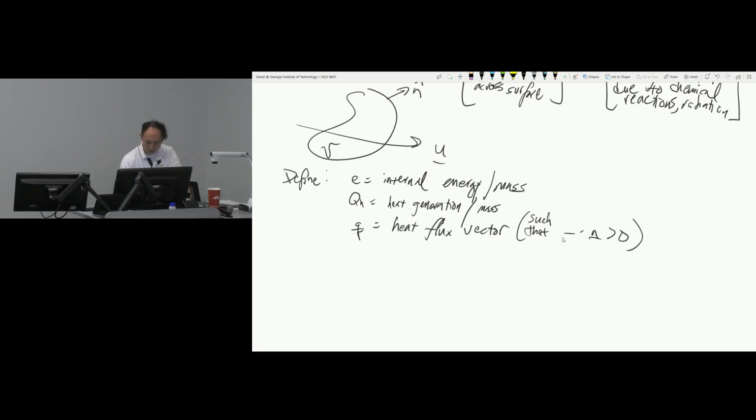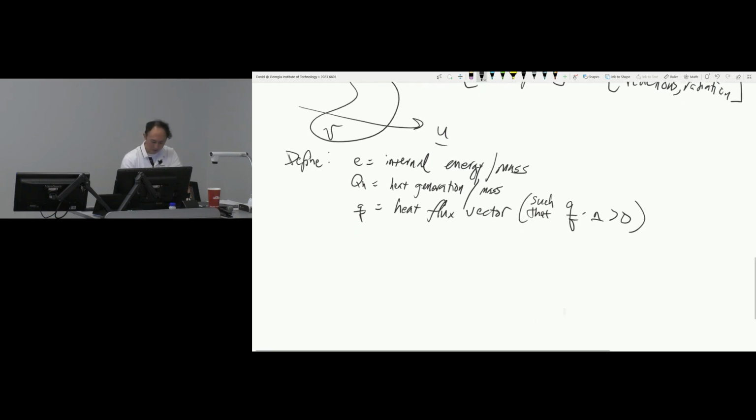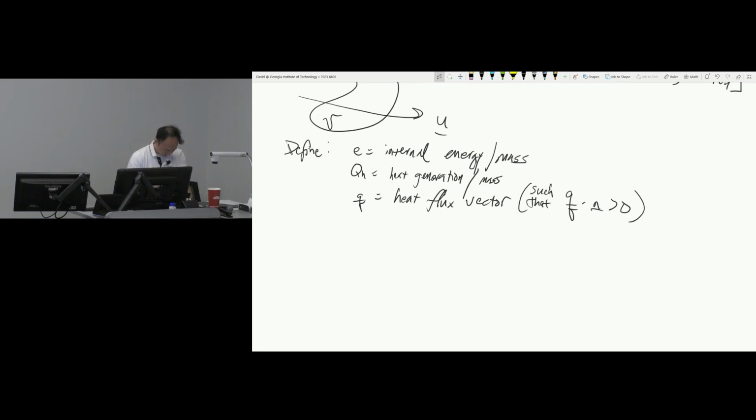That looks like a G. All right. Q dot N is greater than 0. So we'll use a similar notation to if you take heat transfer conduction.